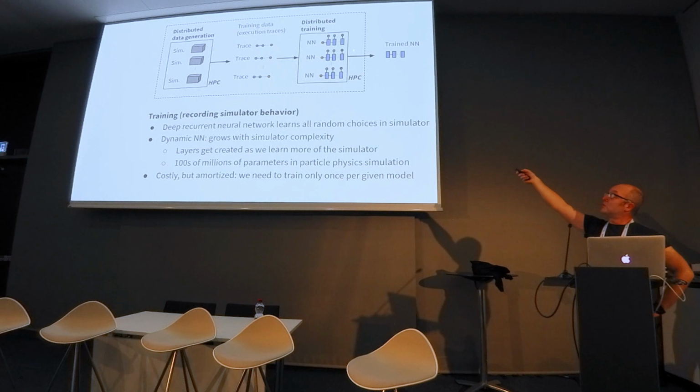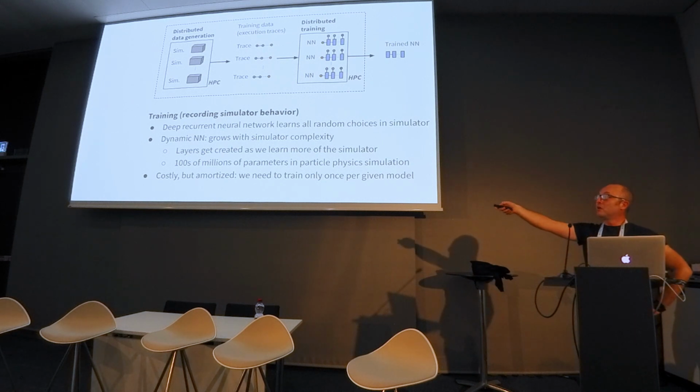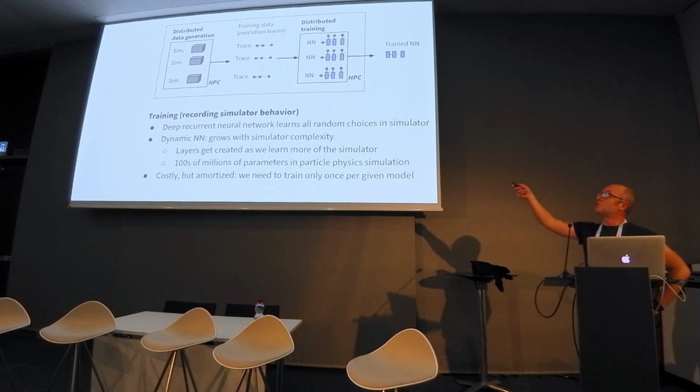The neural networks are a bit complicated in structure. I don't have time to go into detail, but because of the open-ended nature of the simulator execution, these neural networks are dynamic, and layers get created as we learn more parts of the simulator. It is costly, but it is amortized. Amortized means that you have to do this only once for a given model.